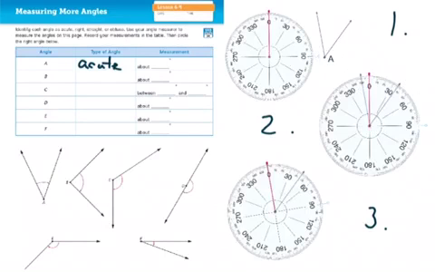Then the third step I'm going to take is I'm going to line up the 0 with one of the rays of my angle. So once I've done that, so the 0 is here, I'm looking at my numbers going up in this direction. I'm going to look to see where exactly does my other ray land. So for this example, it would be 45 degrees. It's a 45-degree angle because you can see the 40 and you can see the 50. The ray is halfway in between, so it's a 45-degree angle.